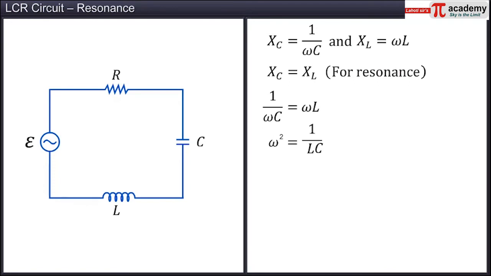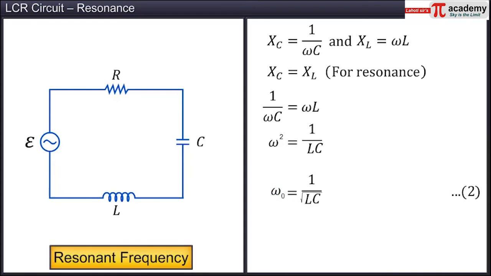On further simplification, we get omega is equal to 1 by square root LC. Let this be equation 2. Let us now call this angular frequency omega naught. This frequency is also referred to as the resonant frequency of the circuit.